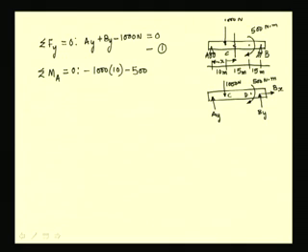and at B we have two unknown reactions, that is Bx and By. The moment of Bx is 0 because it passes through A, but the moment of By is counterclockwise, which is positive, and the moment arm is 40 meters. So, we have plus By times 40 equal to 0.